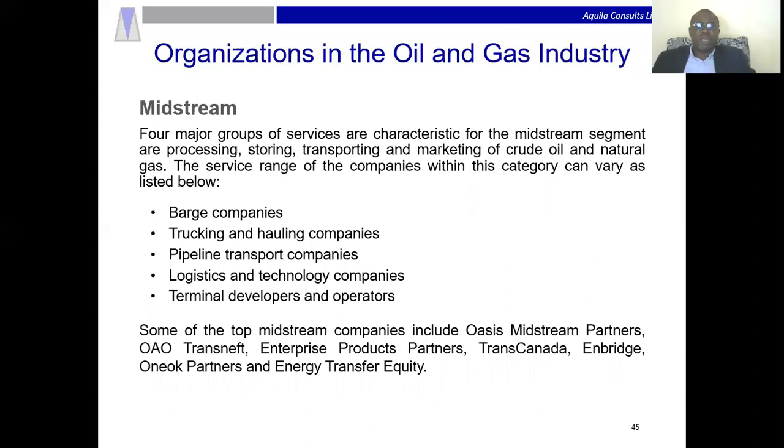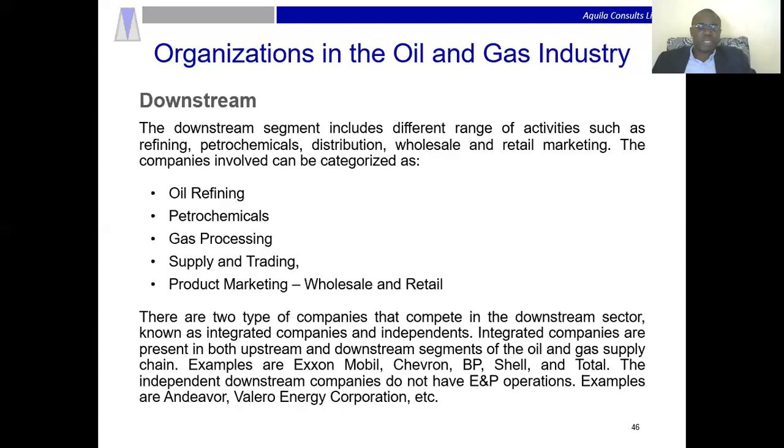For midstream, these will generally be companies that provide the following services. As we mentioned earlier, we have different services here. So you can have barge companies, trucking and hauling companies, pipeline transport companies, logistics and technology companies, and terminal operators. Examples are Midstream Partners, Transneft, Enterprise Products Partners, TransCanada, Enbridge, and Energy Transfer Equity.